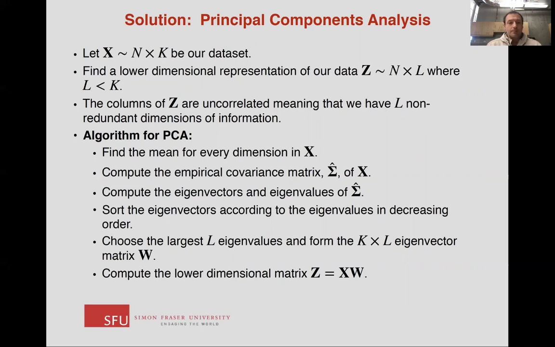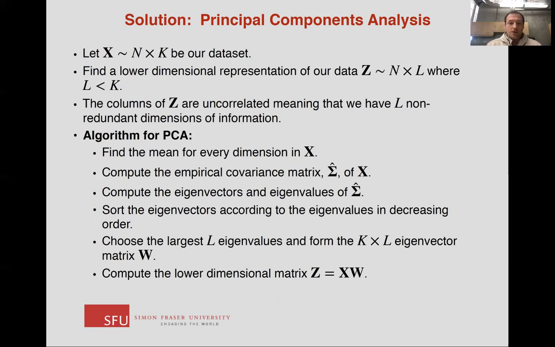All right. So here's a description of the algorithm for principal components analysis. Find the mean for every dimension in X, compute the empirical covariance matrix of X, compute the eigenvectors and the eigenvalues of this covariance matrix, and then sort the eigenvectors according to their eigenvalues. So you'll find the largest eigenvalue, for example, and make the first eigenvector the eigenvector associated with that largest eigenvalue, and so on like that.